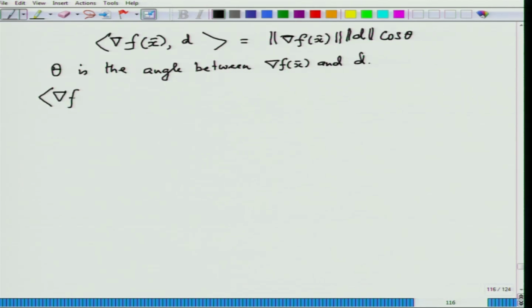So, grad f x bar transpose d is minimized when cosine of theta is minus 1.